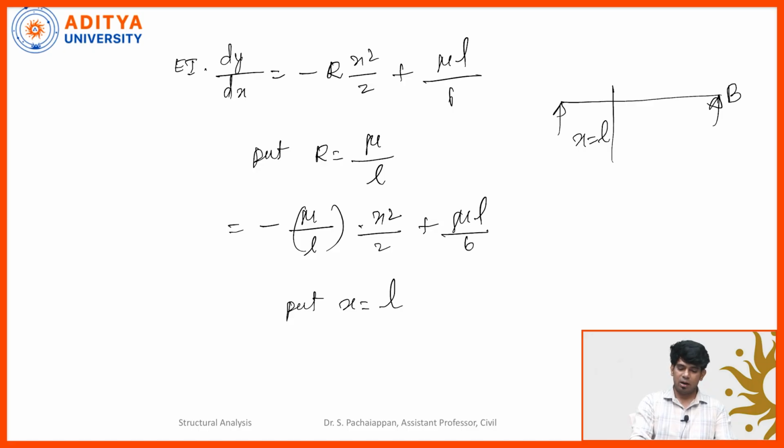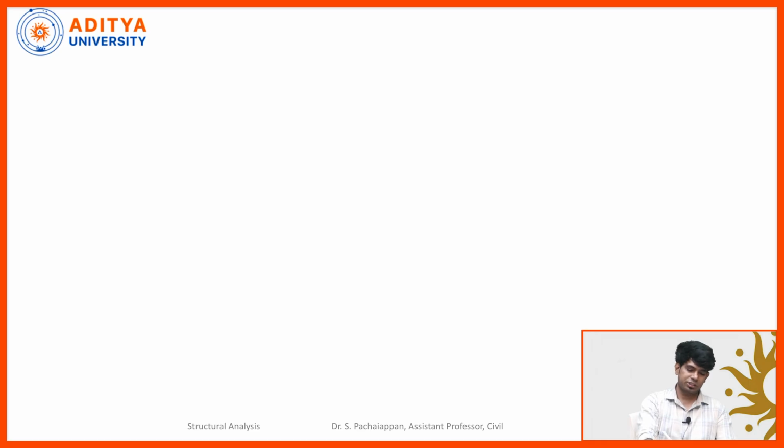So if you substitute it, what is happening? Let's see. EI into, instead of dy by dx, I can put theta B because we are going to find out the slope at the support B, equal to minus of mu by L into, instead of x square, L square by 2 plus mu L by 6. Go to the new page. So we have minus of mu L by 2 plus mu L by 6.